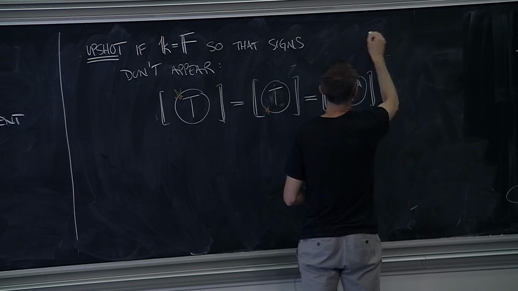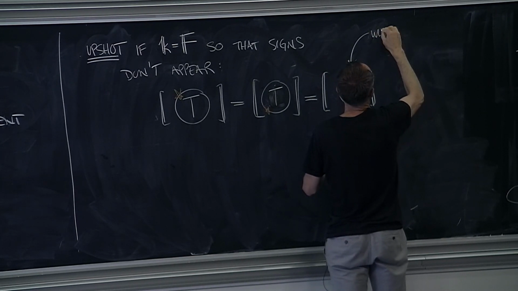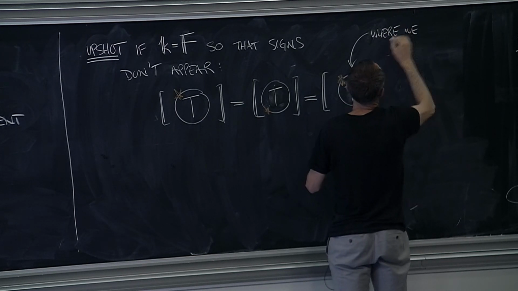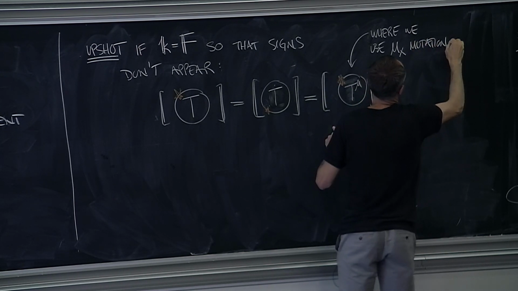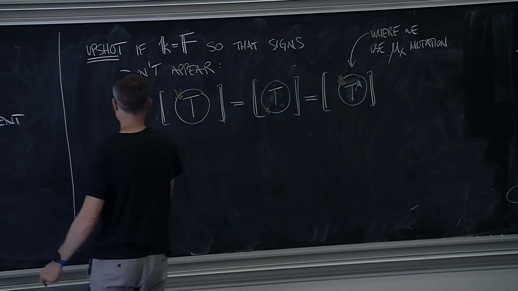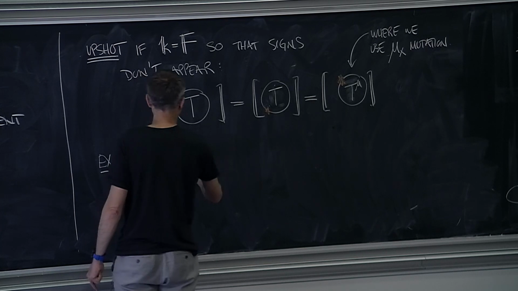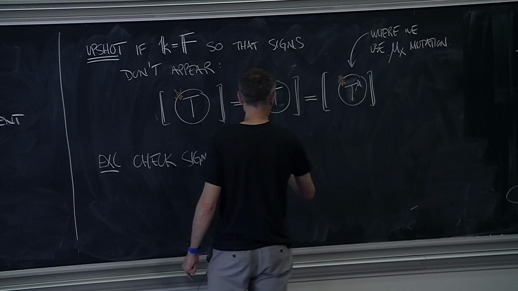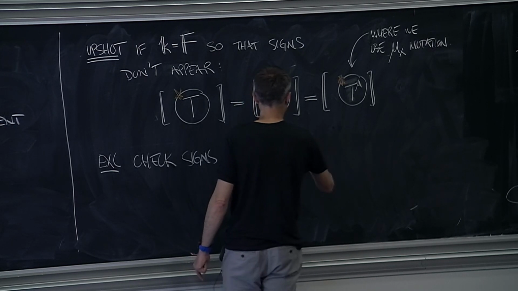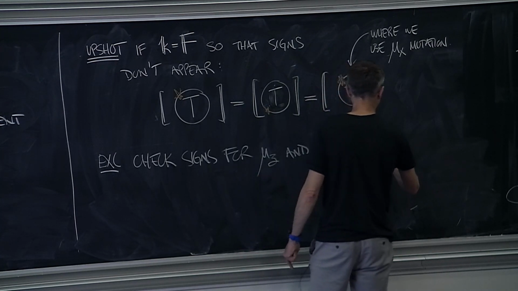So I'll write that as C mu, and so that you can see it at the back, this is where we use mu x mutation. You can check how the signs work for mu z and mu y as well.